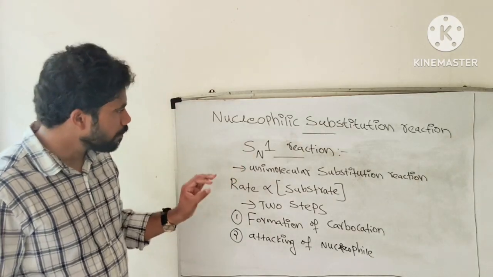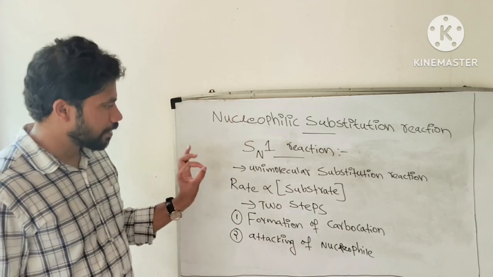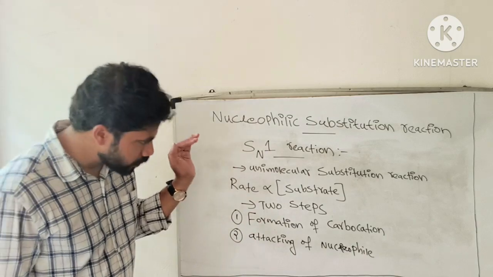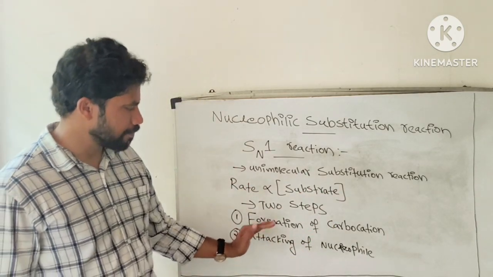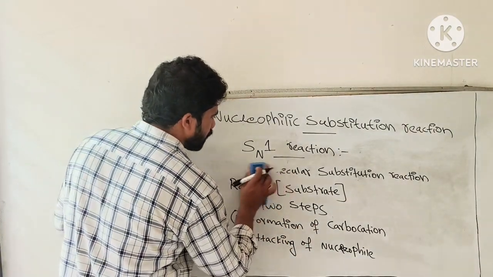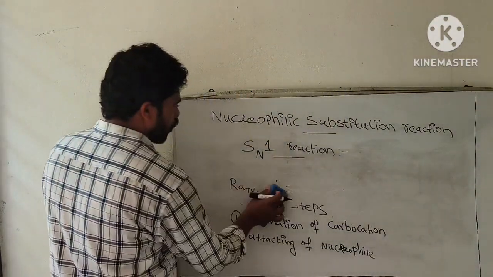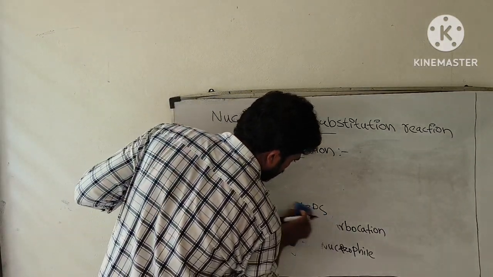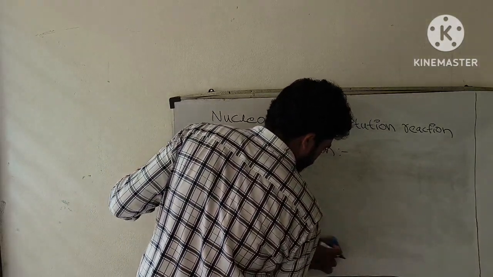To summarize: SN1 is called unimolecular substitution reaction, the rate depends on the concentration of the substrate molecule, and it involves two steps. The first step is formation of carbocation, and the second step is attacking of nucleophile. We can take one example for explaining SN1 reaction, that is tertiary butyl chloride. It's a tertiary alkyl halide.